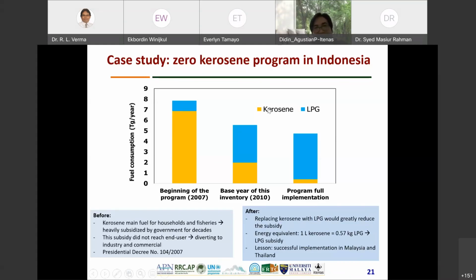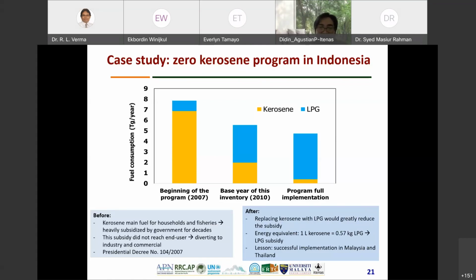So as we can see, the fuel consumption of kerosene in the residential sector will be reduced time by time and replaced by LPG, because we know that the energy equivalent of 1 liter of kerosene is equal to 0.6 kilogram of LPG.